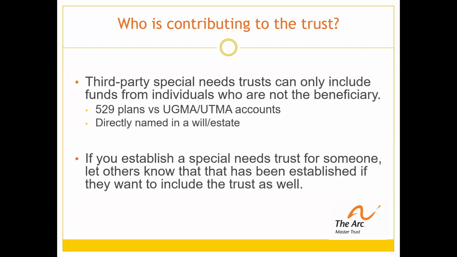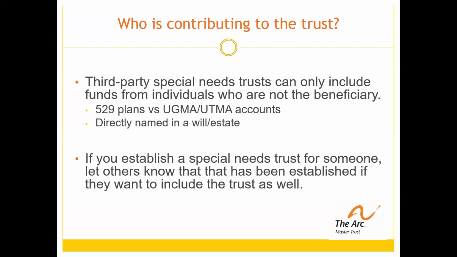This would also be a good time to ask family members if they've included your loved one, who's the intended trust beneficiary, as a part of their will or estate already. If they have, and they are named directly, then those funds would become the asset of the beneficiary upon that family member's passing.